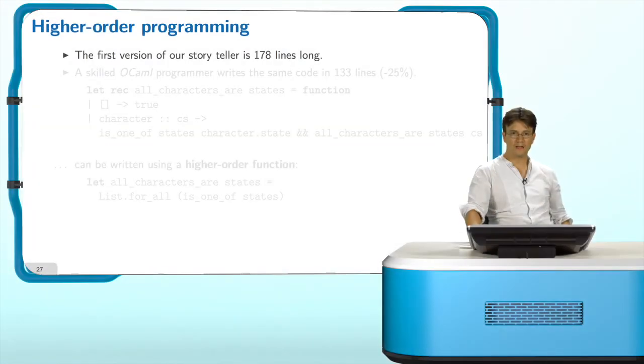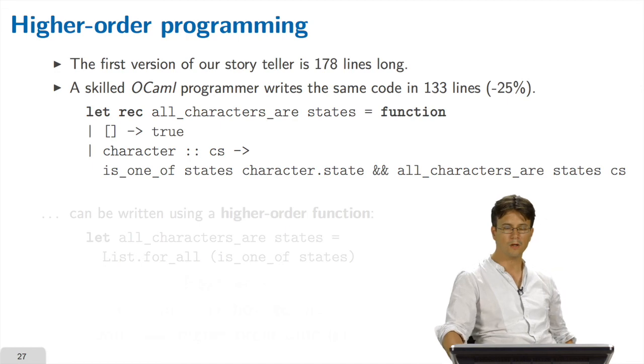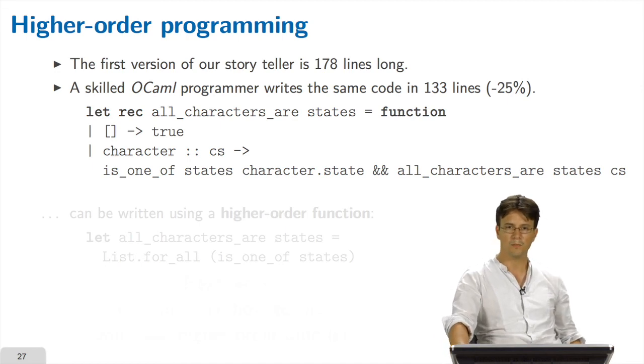So another remark is how concise you can write your program. In the first version of our storyteller, we had to write 178 lines of code. In fact, a skilled OCaml programmer would have written the same code in fewer lines.